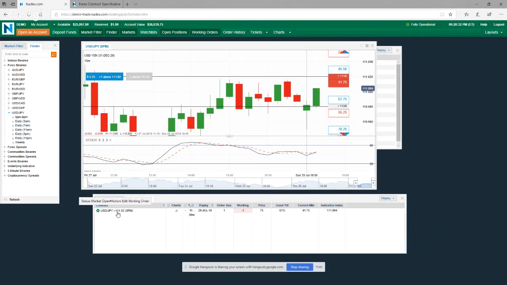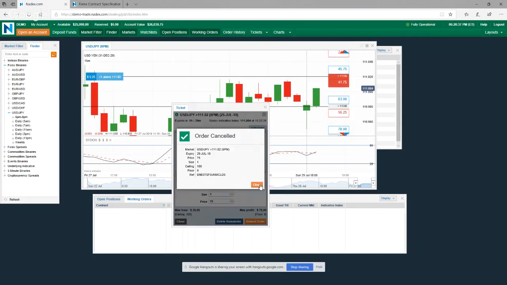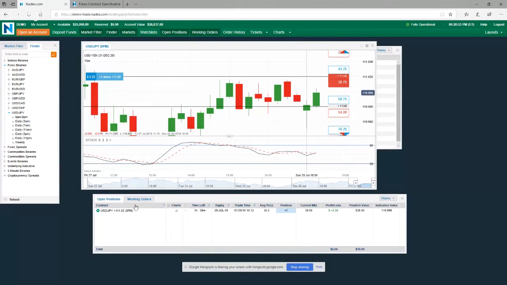For example, let's say that we don't have this order, and I'll take the order off, and we opt to let this expire. If we allow this to expire, that means that the price has to be 111.021 on the indicative, which is right here, in order for us to receive the full premium.